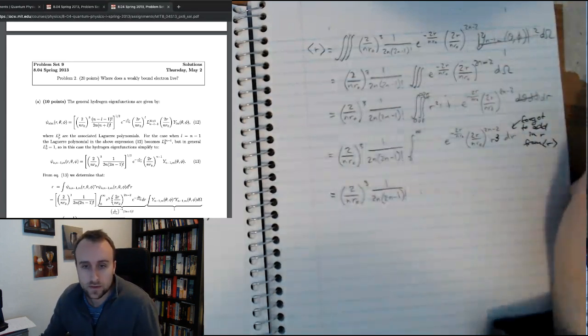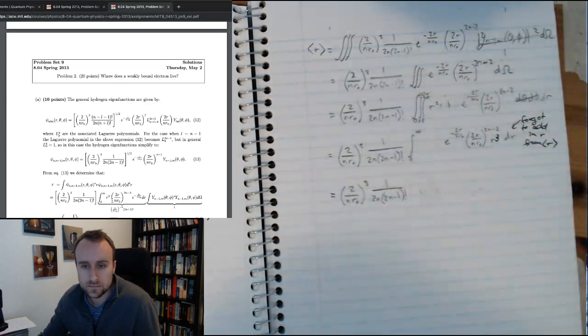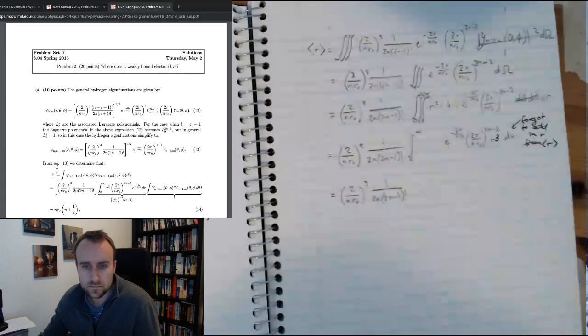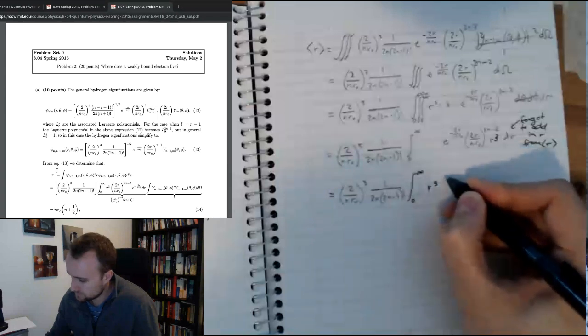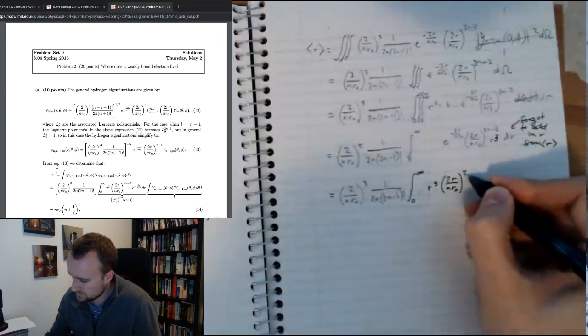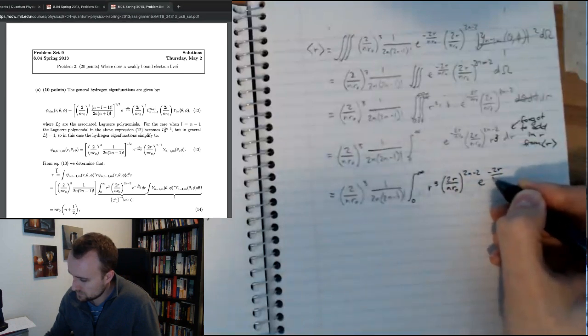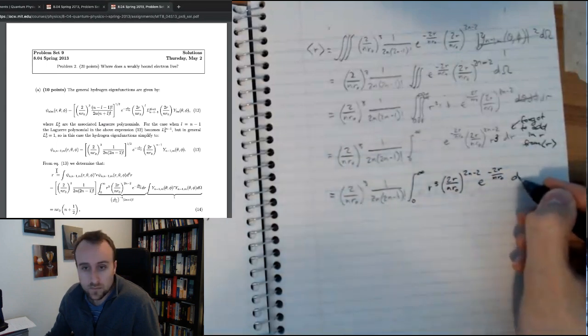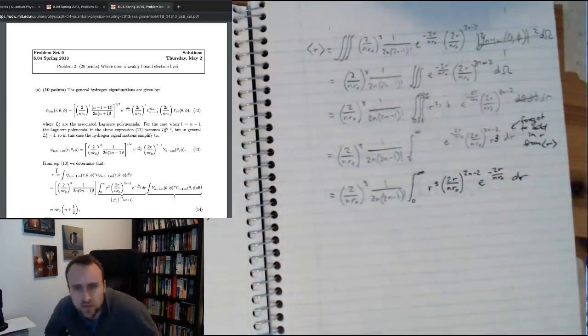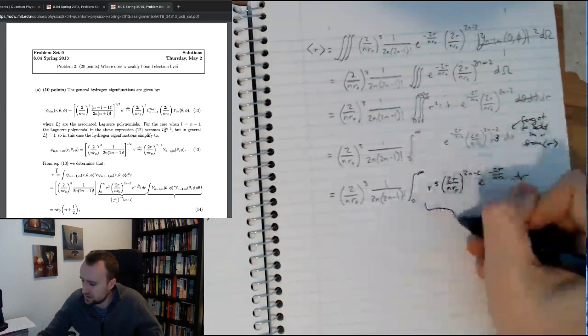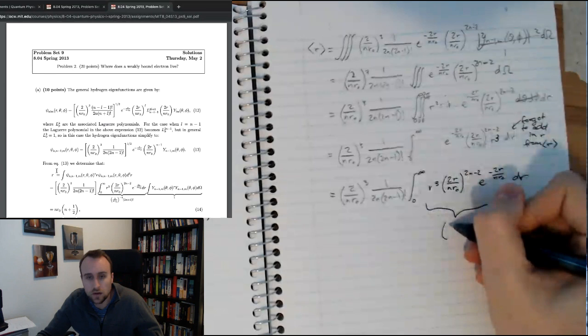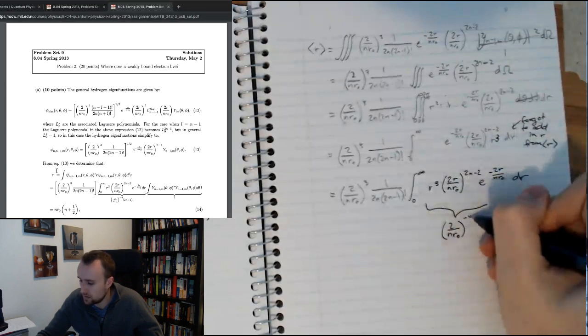All right. I don't understand how we get this just is equal to... So they're saying this is equal to 2n r naught minus 4.